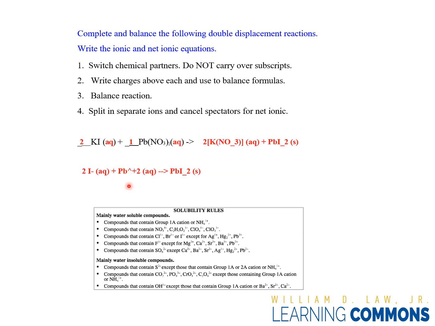Here is another example of how to balance an equation. Potassium iodide: potassium is in column 1 of the periodic table, and iodine is a halogen in column 7. And lead nitrate: the charge of the lead is +2, but the nitrate charge is -1.